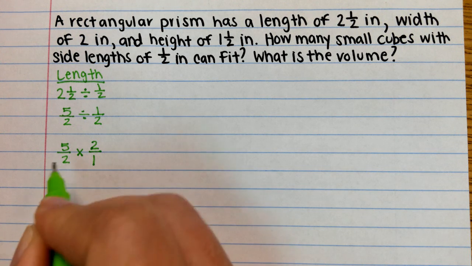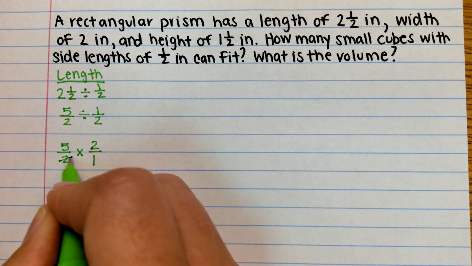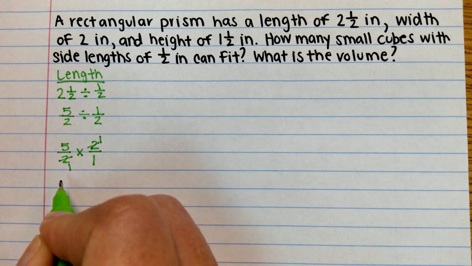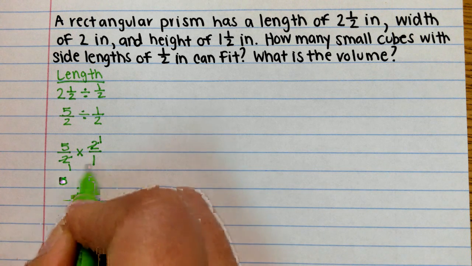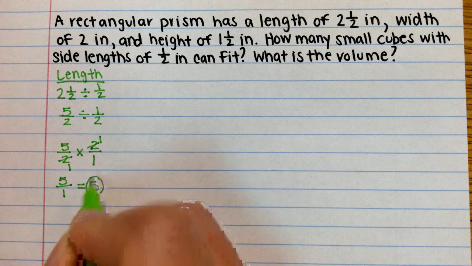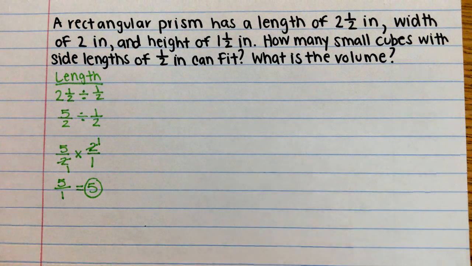Now here I can simplify my diagonal. 5 and 1 doesn't simplify, but 2 and 2 I can divide by 2. I get 1 and 1. So I multiply across. 5 times 1 is 5. 1 times 1, 1. 5 over 1 equals 5. So for my length, I need 5 of those little cubes.